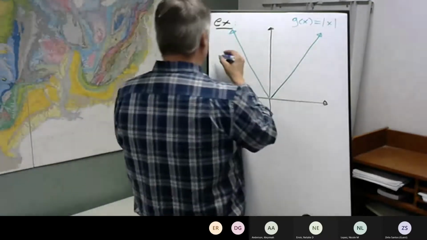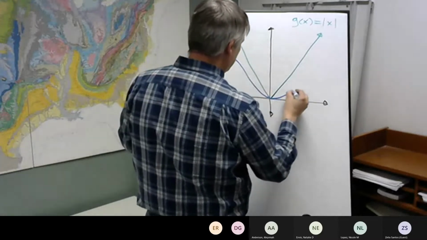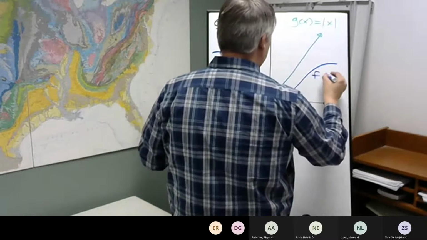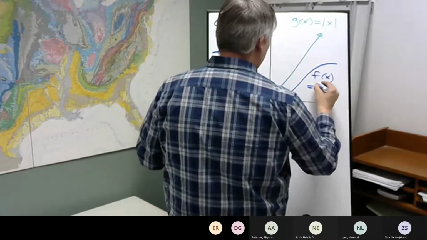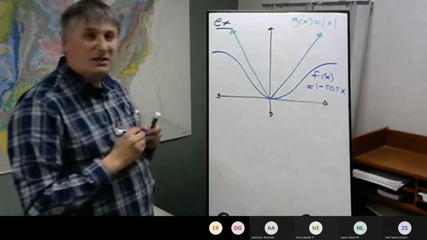And then here we have f of x, which is 1 minus the cosine of x. And we're near 0.